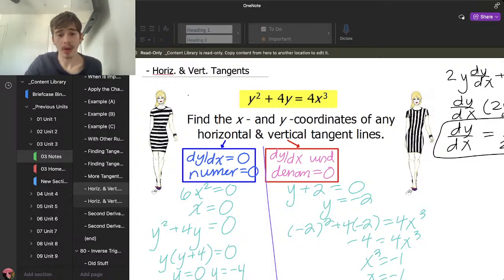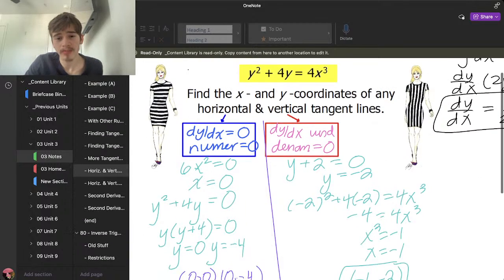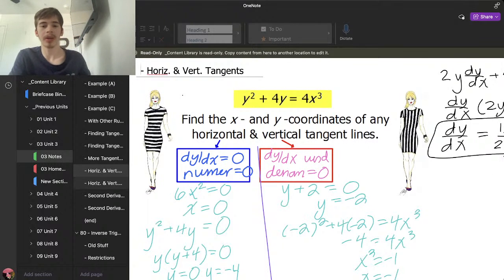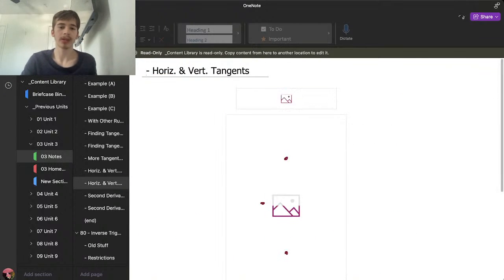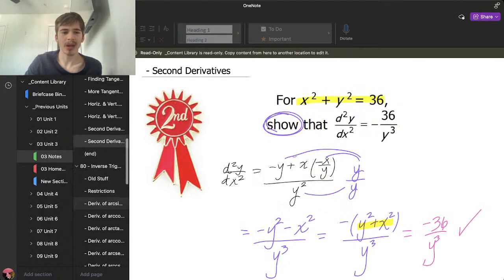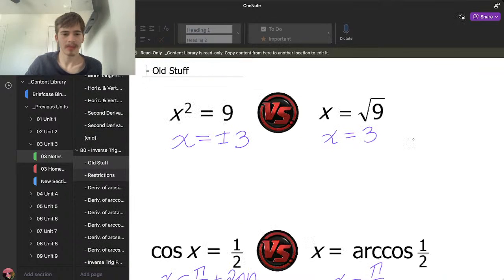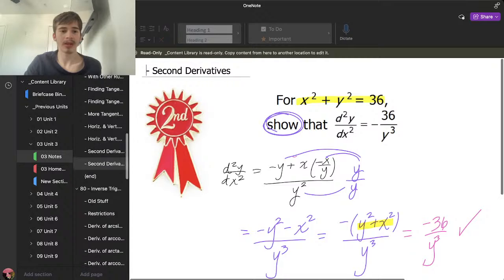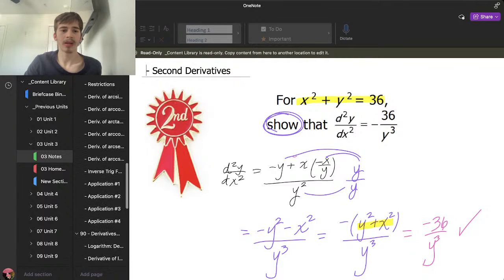Vertical and horizontal tangent lines: numerator and denominator equals 0 respectively of dy dx. Second derivative, not bad. Just do it again. Or is it bad? Hold on. I think it's easy. Implicit is not bad.